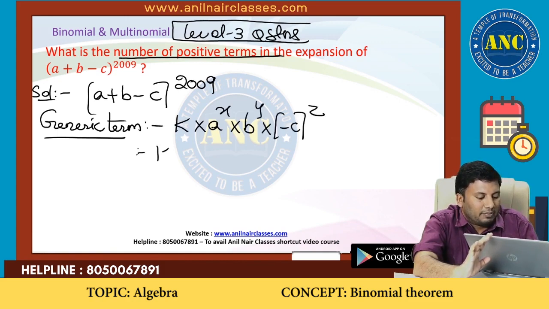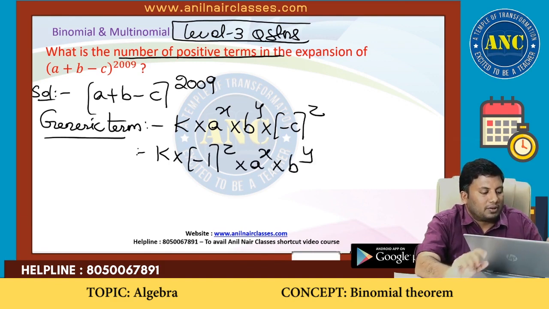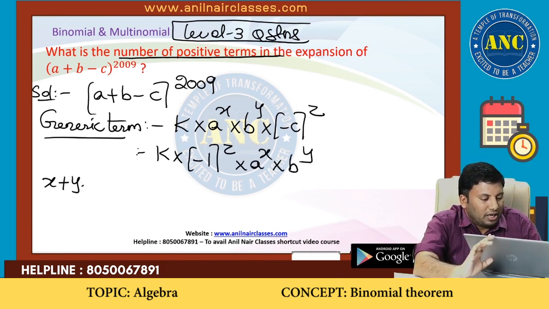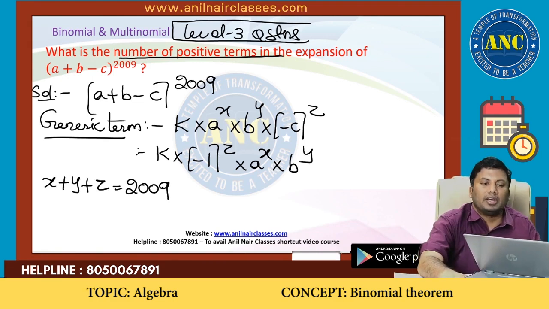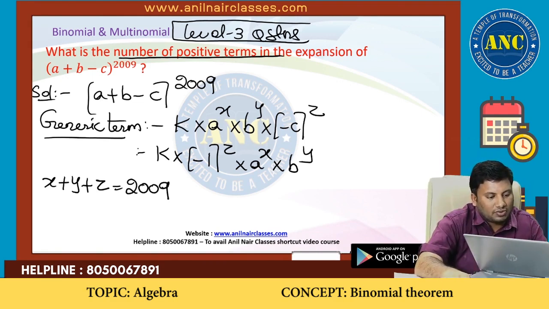It is nothing but k into (minus 1) power z into a power x and b power y. That means x plus y plus z is nothing but 2009. Am I right? So 2009 is x plus y plus z.